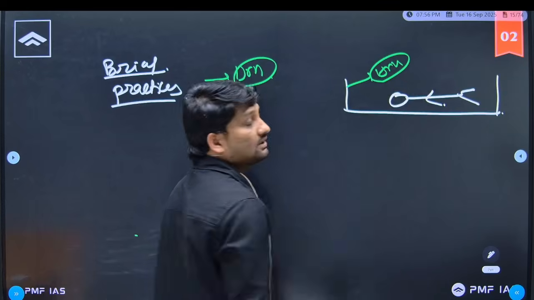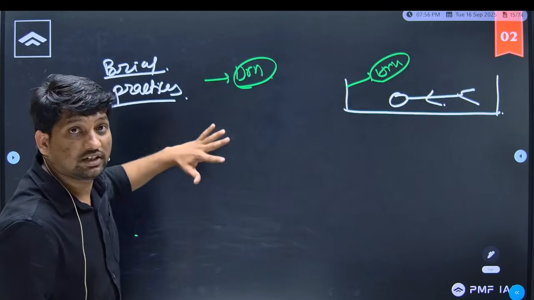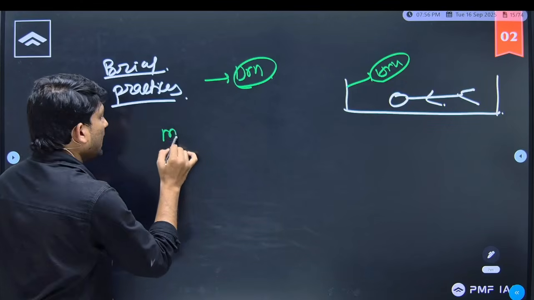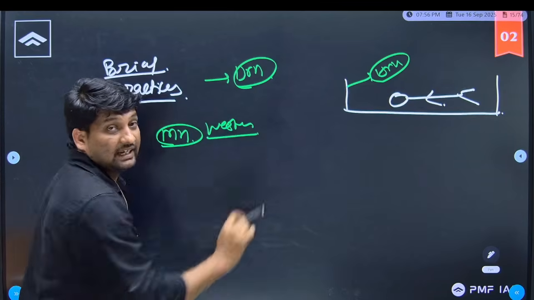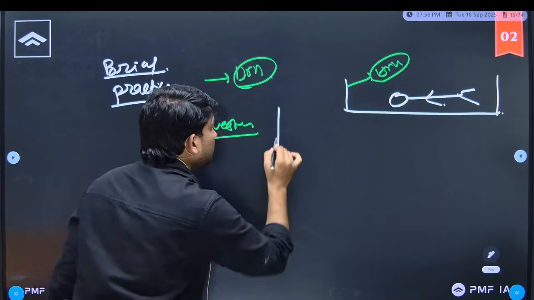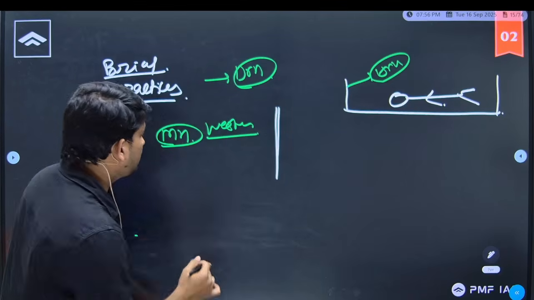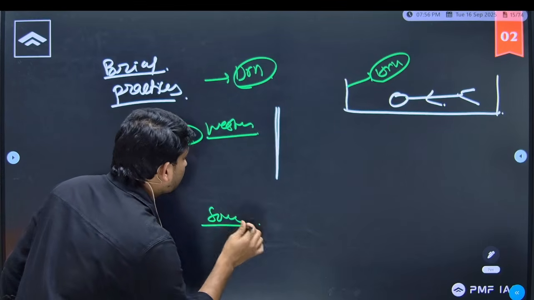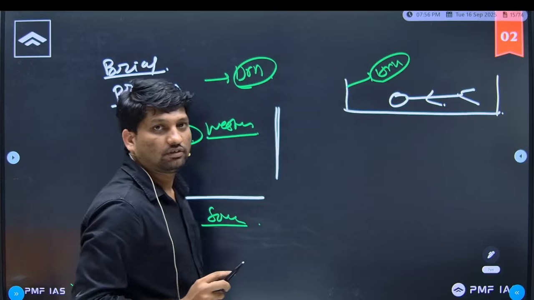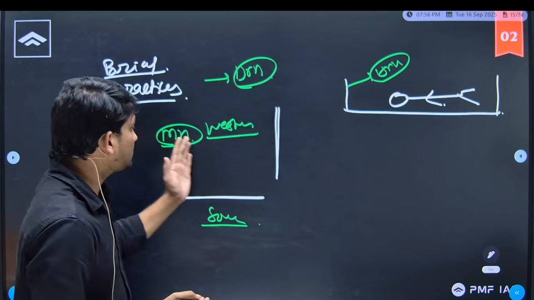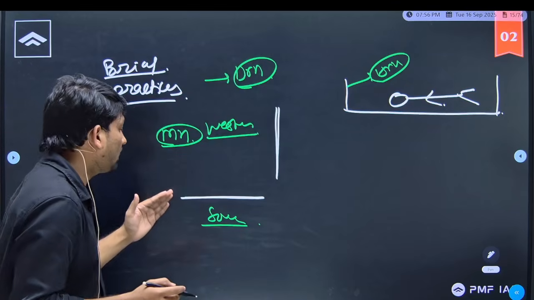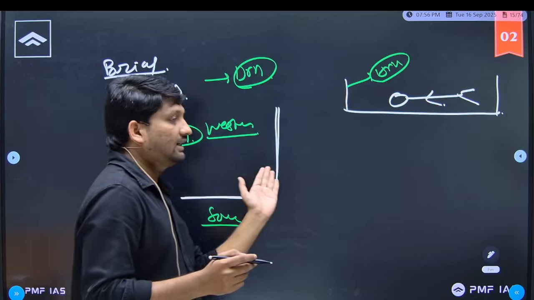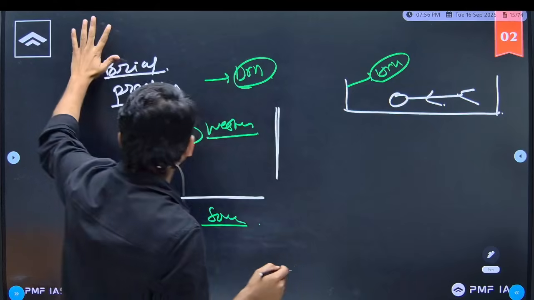Once they place the body in the urn, in Western India or Maharashtra, they place it in a north-south direction. But in South India, they place the body in an east-west direction. So in the west, placement is north-south. In the south, placement is east-west.